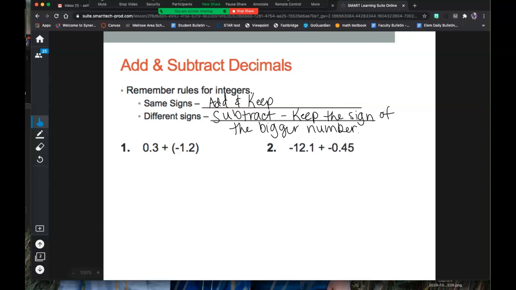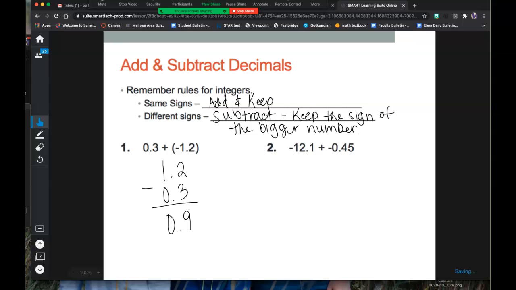So since they are different signs, that means we have to subtract. We're going to take 1.2 and subtract 0.3. Now, I don't care if you use your calculator to do that. I can type into my calculator 1.2 minus 0.3, and I get an answer of 0.9.